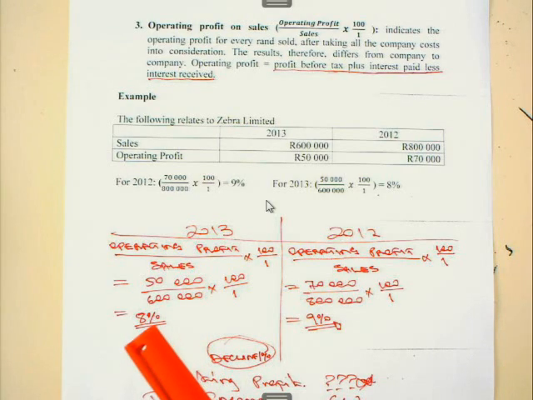Honestly speaking, it's a slight decline, but in accounting, a decline is a decline regardless of how huge or how small it is. The fact of the matter is the ratio has declined, and therefore in your comment you must indicate that the ratio has slightly, you can even say slightly, but it has declined.